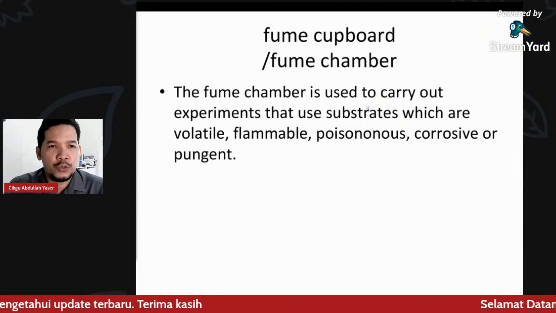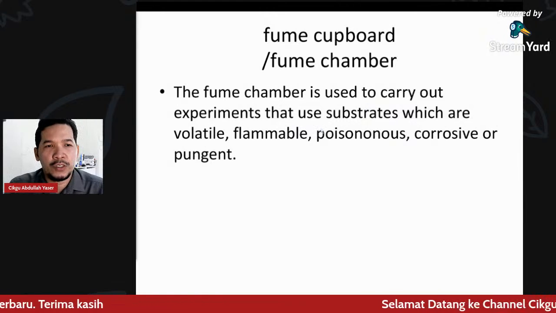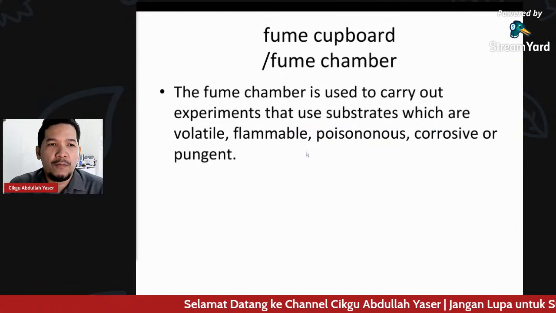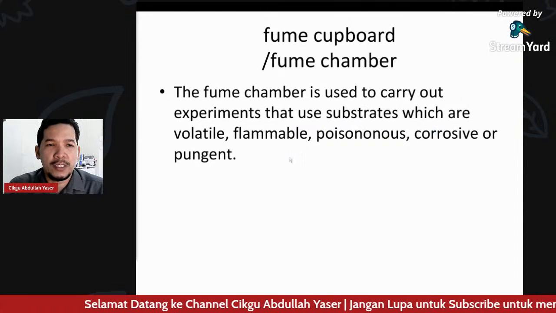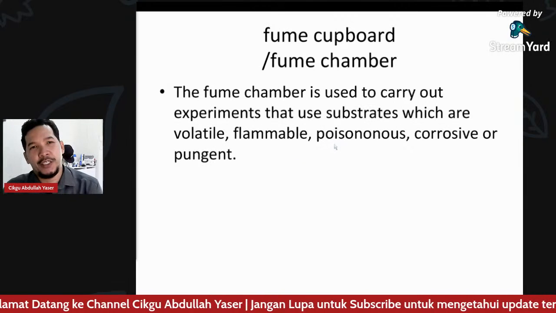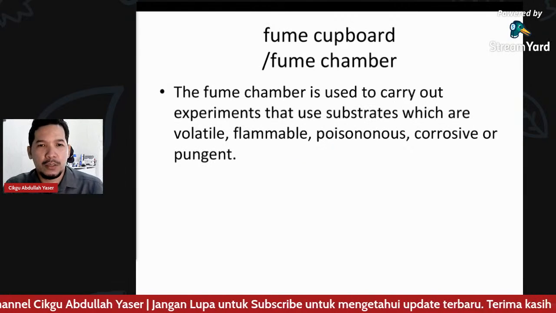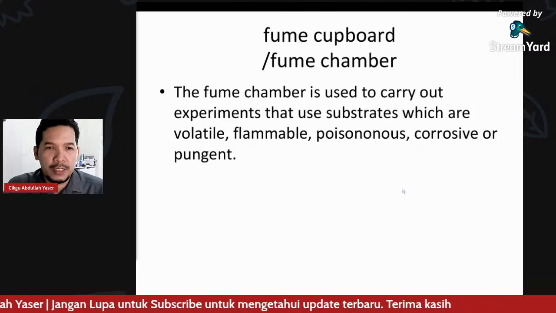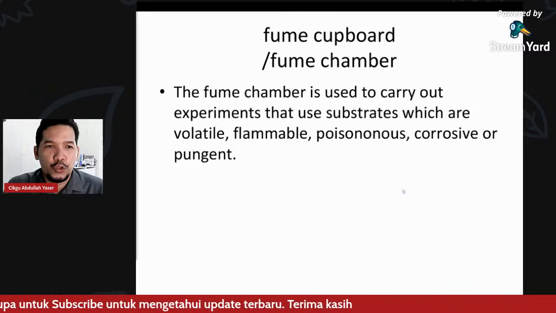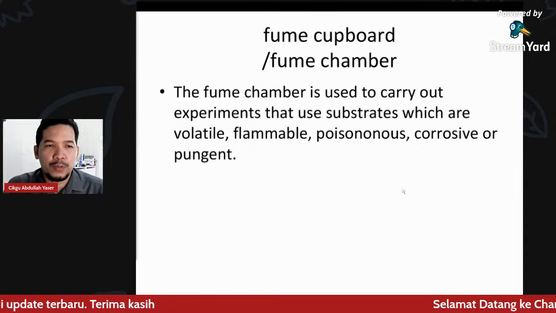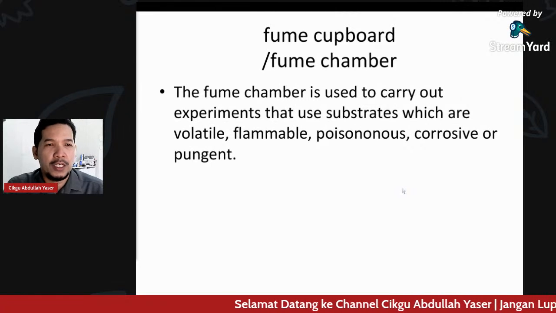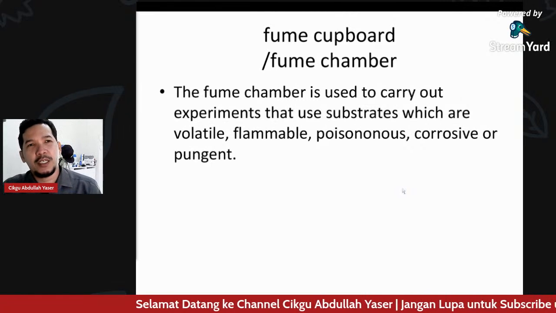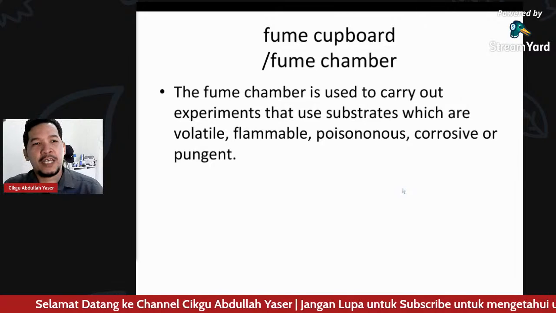This fume chamber is used to carry out experiments that use substances which are volatile, flammable, poisonous, corrosive, or pungent. Substances with these characteristics should be used in the fume cupboard or fume chamber.